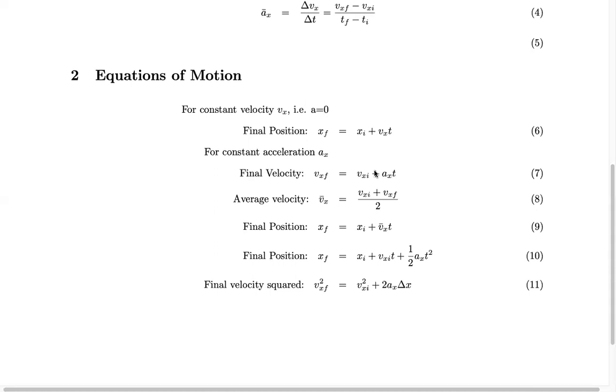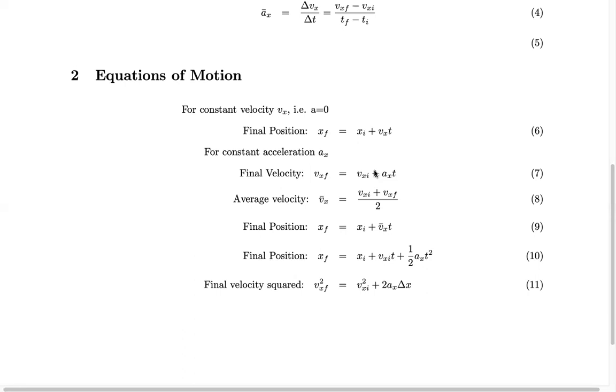Now, the final position, this one's a little more complicated. The final position is X final equals X initial plus the velocity times T plus 1/2 the acceleration times T squared. I don't think I used that in an example, but we did use the next one, the final velocity squared.